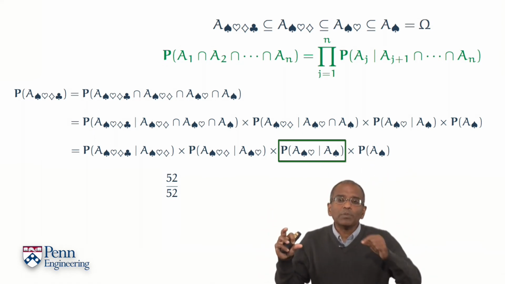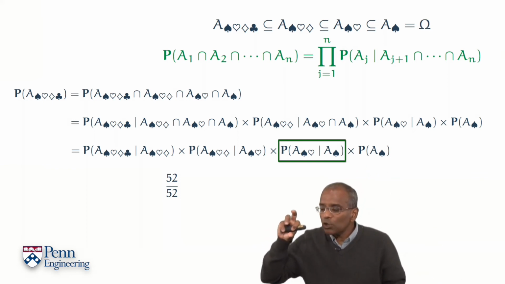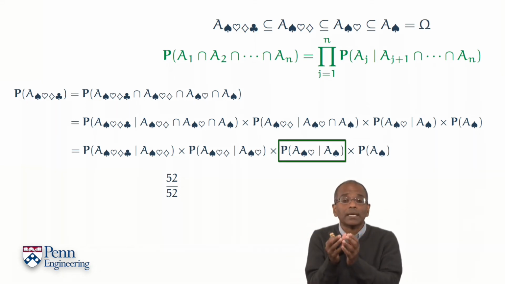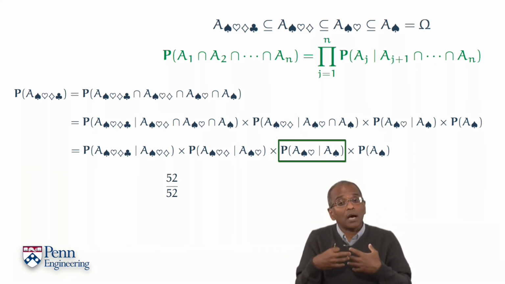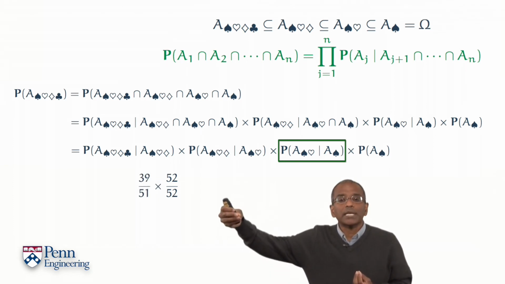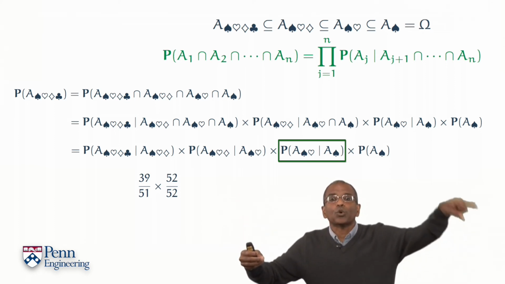The symmetry of the problem tells you that all those 39 locations are equally likely, given that it cannot be in these 13 locations. And therefore, the probability of A of spades and hearts given A of spades is exactly 39 over 51. Remember, one possibility is left out. It's not available anymore. And the remaining 12 cannot be occupied if the ace of hearts has to go somewhere else.